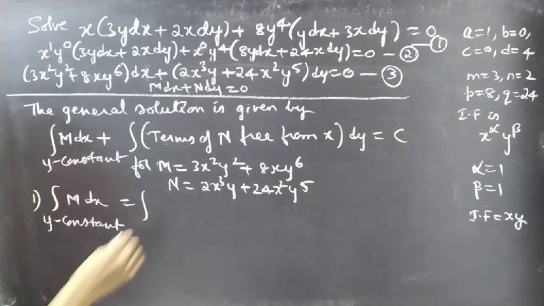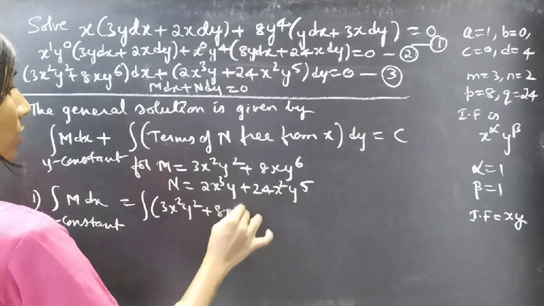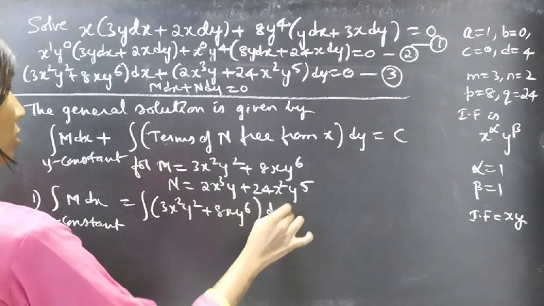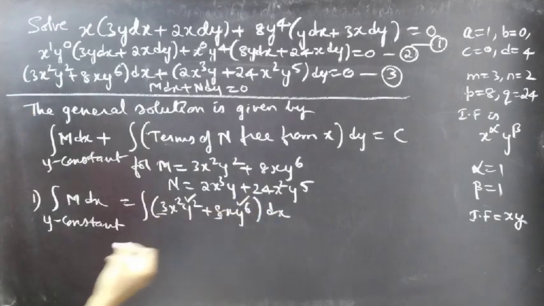We have the integral of M, 3x²y² plus 8xy⁶, into dx. Here we have to treat y as constant, right? So y² is treated as constant, y⁶ is treated as constant, and also 3 and 8 are constants.